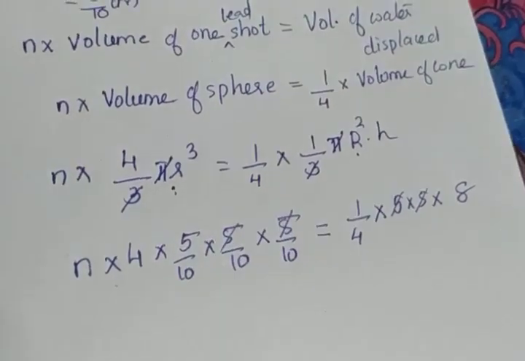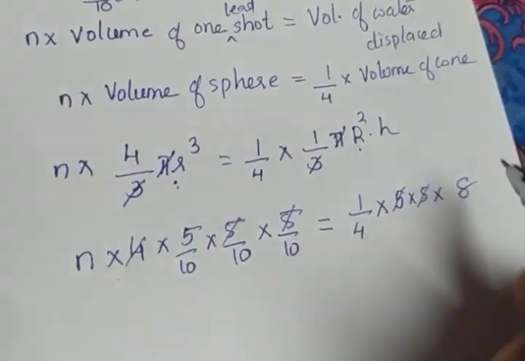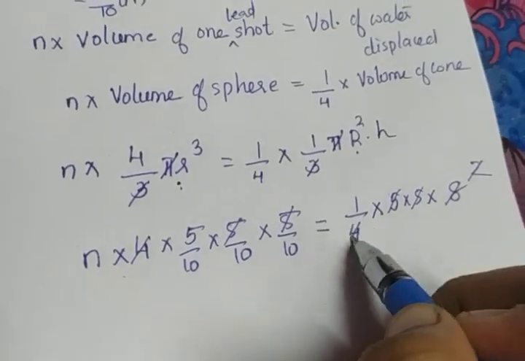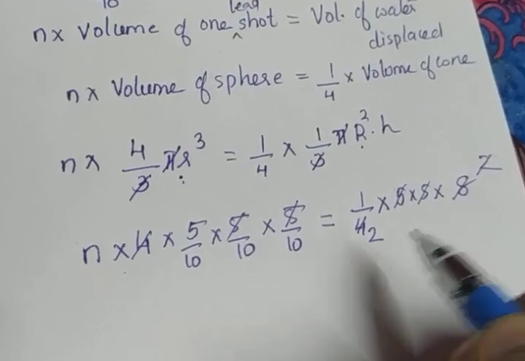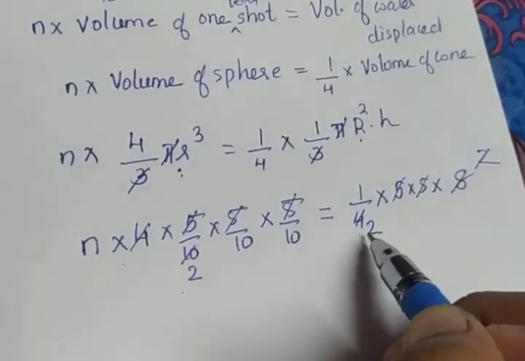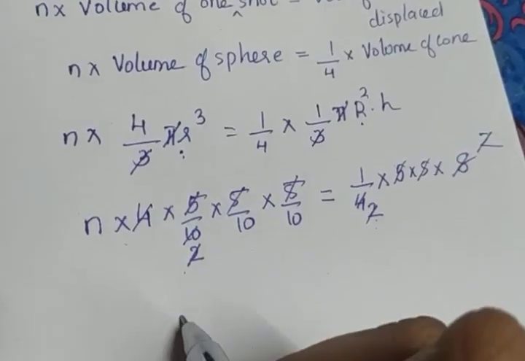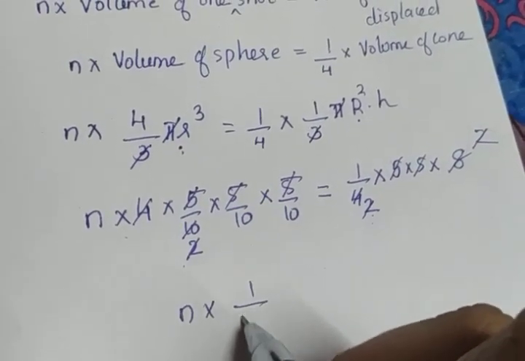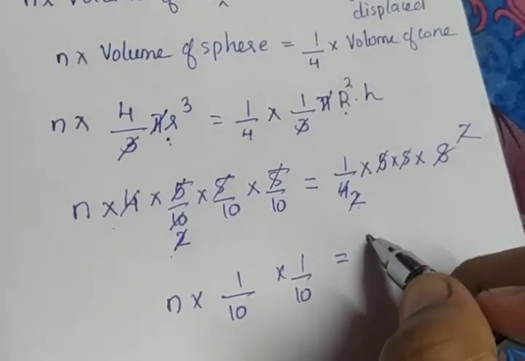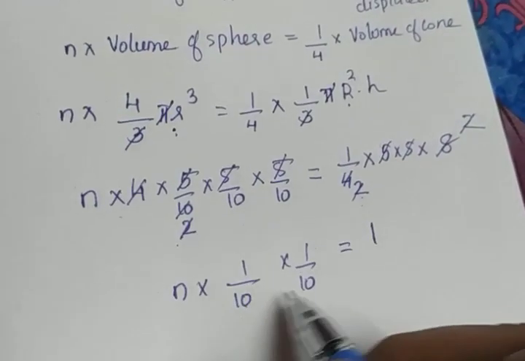Cancel two 5s from the left side also. 1/4 is there, so it gets cancelled with the 8 and 2. Okay, 1, 2 and 4 get cancelled here. So the denominator will be 2. 5 and 10 get cancelled, giving you 2. And the 2s in the denominators get cancelled. So the balance on the left side is n into 1 by 10 into 1 by 10. And on the right side every term got cancelled, giving you 1. So 10 into 10 is 100.